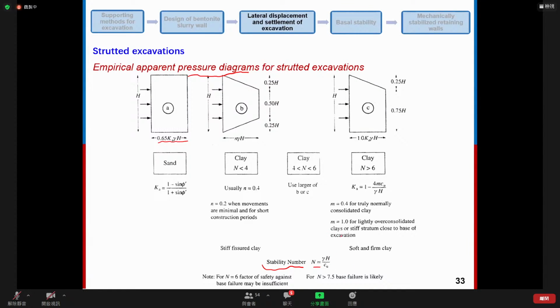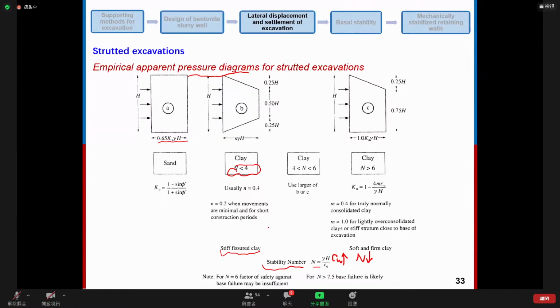As we can see, for the soil with higher Cu, we will get a lower N value. Okay, so for the soil with the stability number smaller than 4, we consider this clay as a stiff clay.